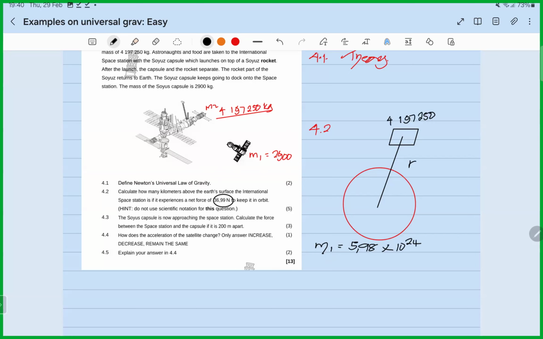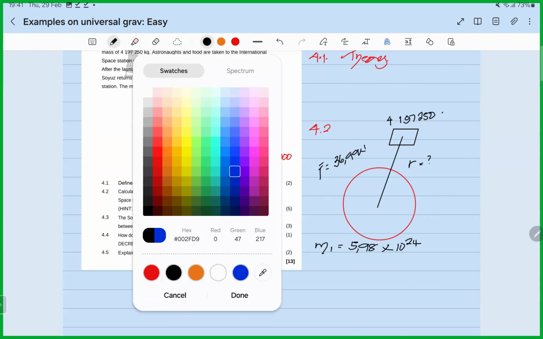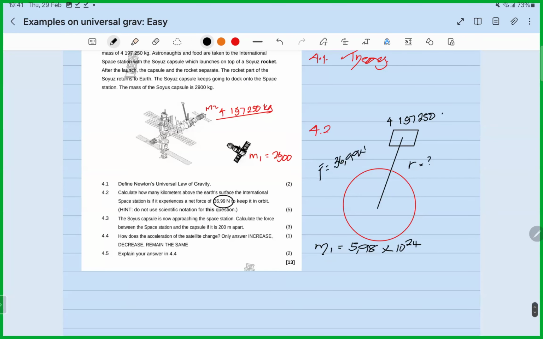That's a very small force, eh? Imagine that. A huge space station like this ends up with a force of 36,99 newtons. Why? Because it is extremely far from the center of the Earth. What I want to emphasize again, when we work out the distance it is going to include the radius of the Earth.